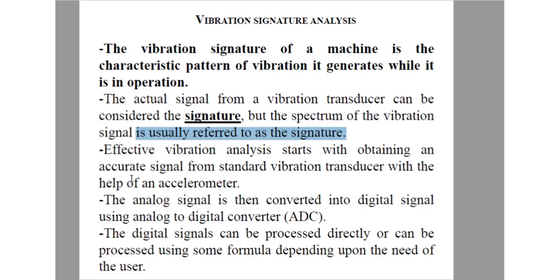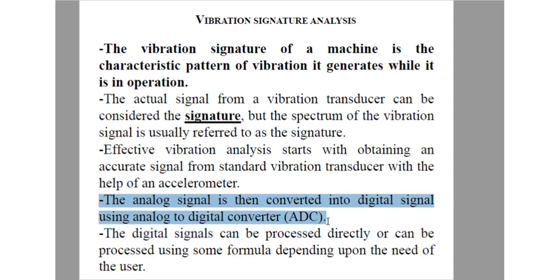Effective vibration analysis starts with obtaining an accurate signal from a standard vibration transducer with the help of an accelerometer. The analog signal is then converted into a digital signal using an A to D, or analog to digital, converter. The digital signals can be processed directly or using some formula depending upon the need of the user.